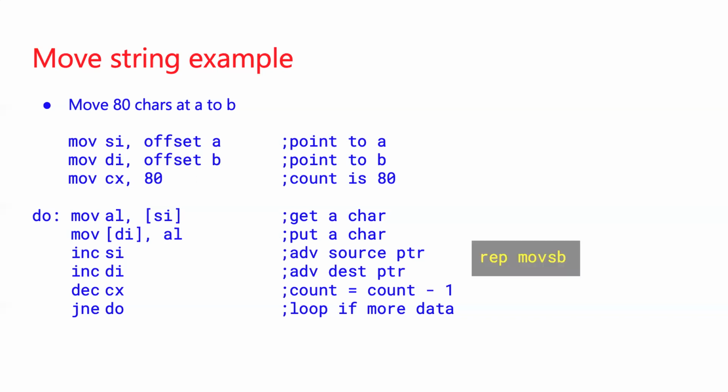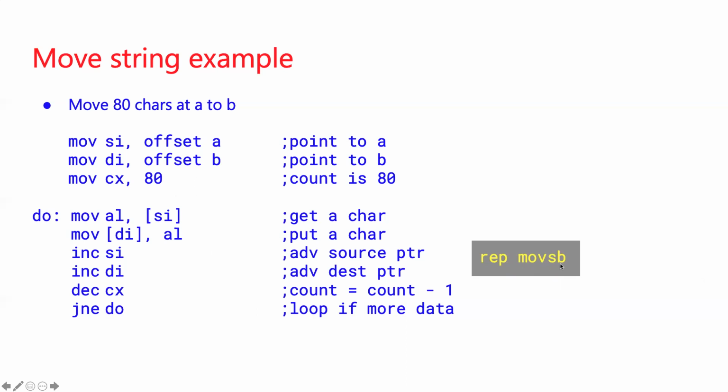What if I told you one of those instructions that we just learned about, one of those string instructions, could do all of this? And that's really what the string instructions are made for doing. This move instruction that we just talked about, move string, is designed to do what we're doing here. In fact, it doesn't even need operands.